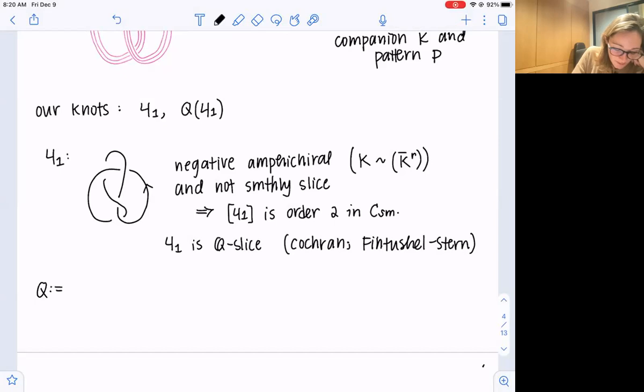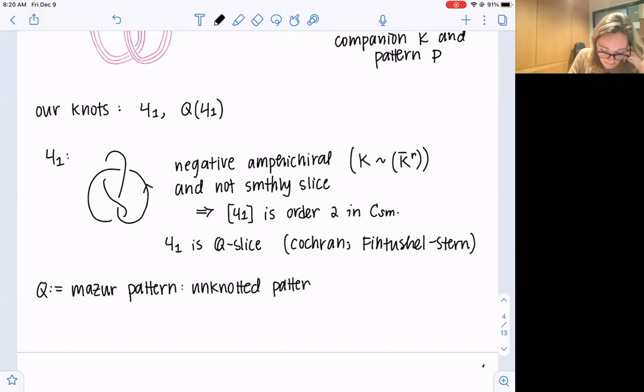We'll denote it as Q, this is the Mazur pattern. It is famous in 4-dimensional topology for reasons related to building exotica. But the reason we like it maybe is it is an unknotted pattern with winding number 1.